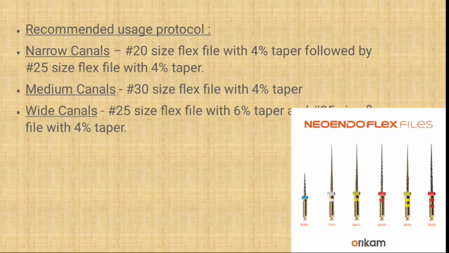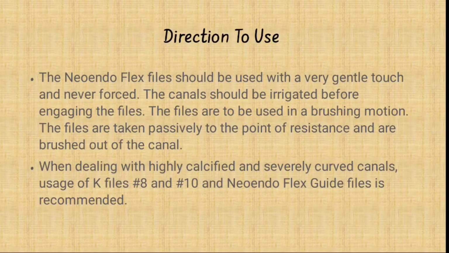Then we have medium canals. In medium canals you have to go with a 30 size flex file with 4% taper, and then we have wide canals. You have to go with a 25 size flex file with 6% taper and a 35 size flex file with 4% taper. Okay?